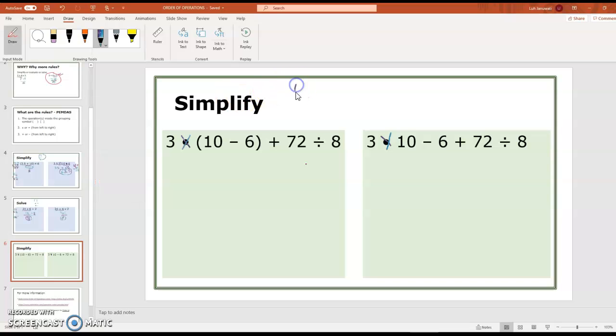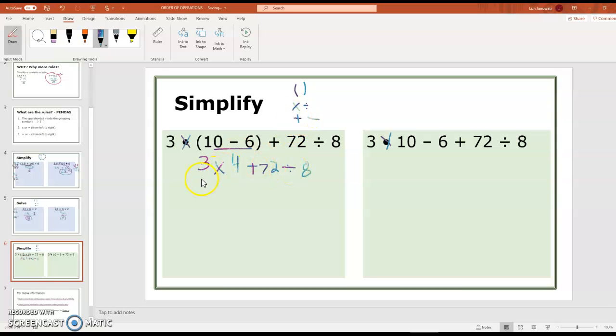So remember to write your rules. Parentheses first, multiplication and division second, and addition and subtraction last. So in this example, you have the parentheses, so you have to do that first, and then you rewrite the whole equation that you haven't done. You've done that one, so you don't have to do the parentheses, plus 72 divided by 8. So now you have multiply, add, and divide.